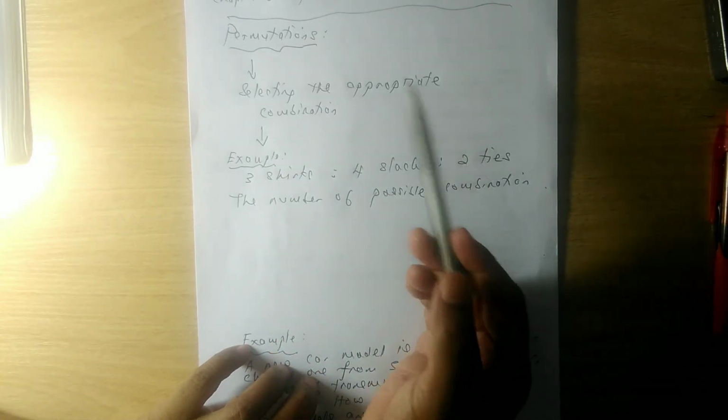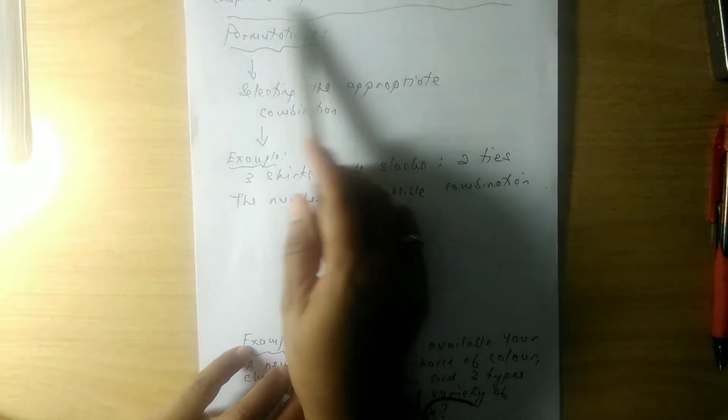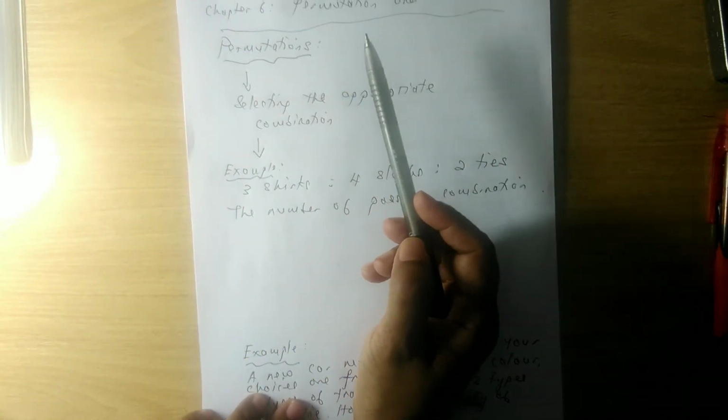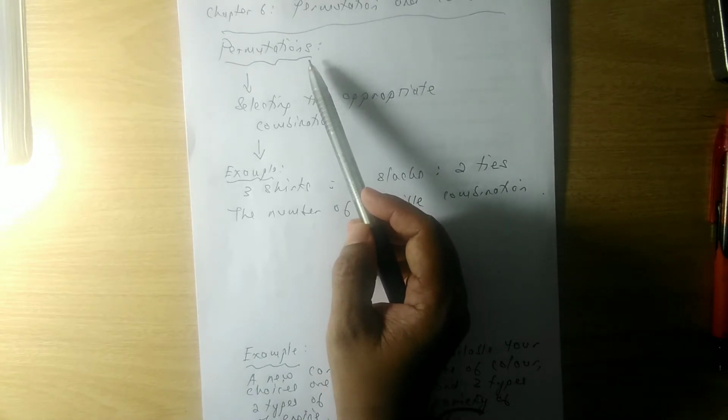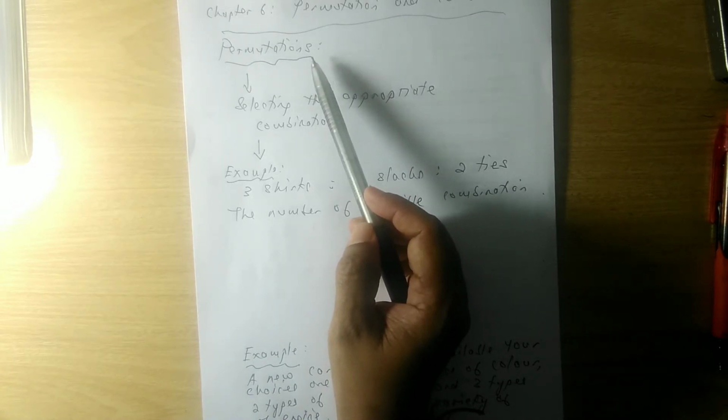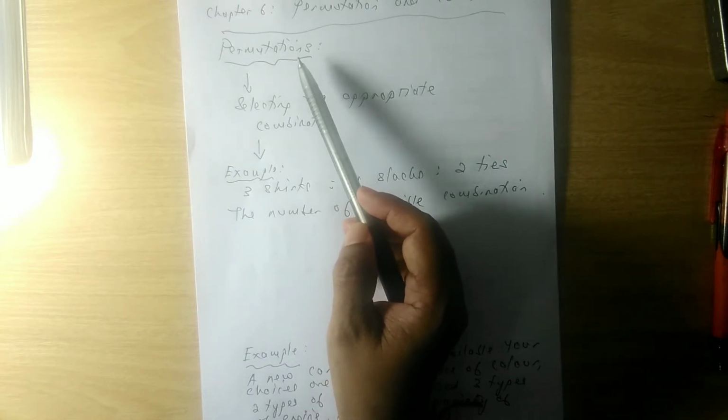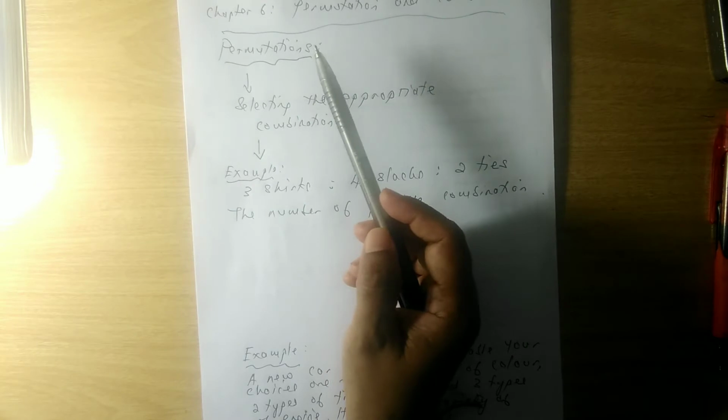A simple example: permutation is something that we do every day, most of the time. Let's say you're going down to an eatery and you have got a set menu whereby you have got 4 types of drinks and 5 dishes.